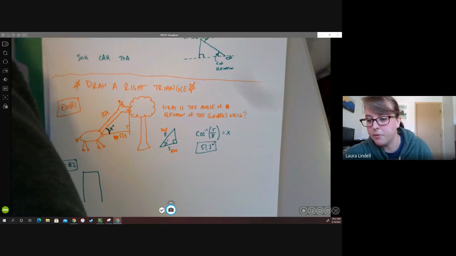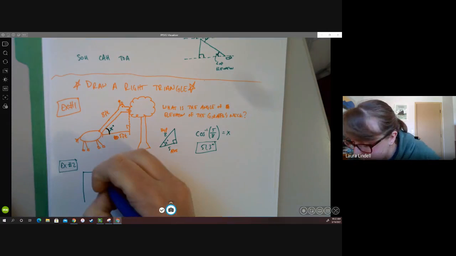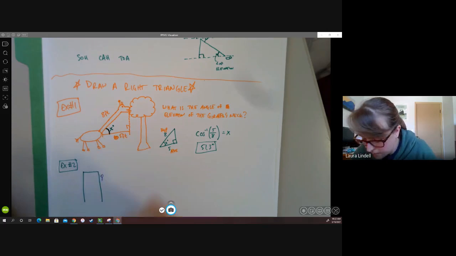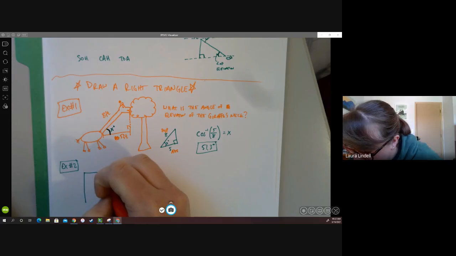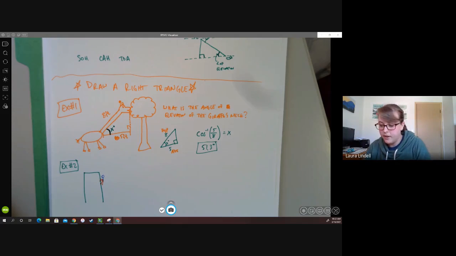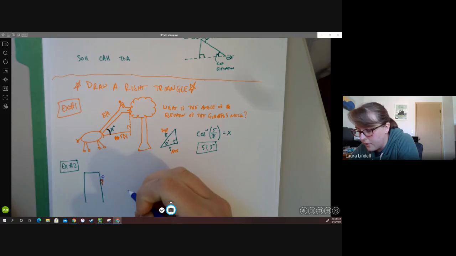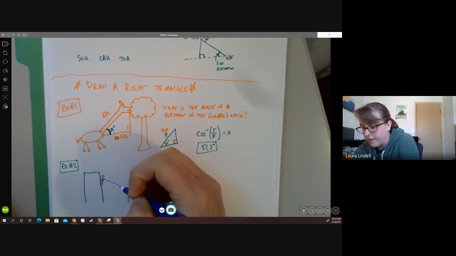Let me see if I can find some blue and red here. All right, so there's Spider-Man on one building, and he is going to jump to another building.